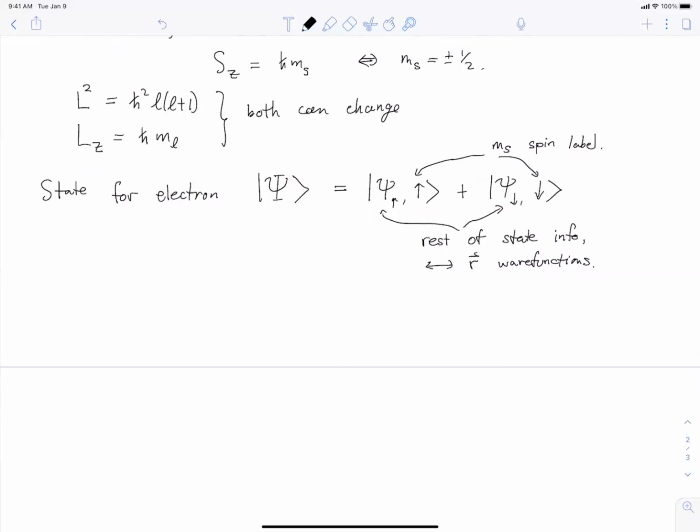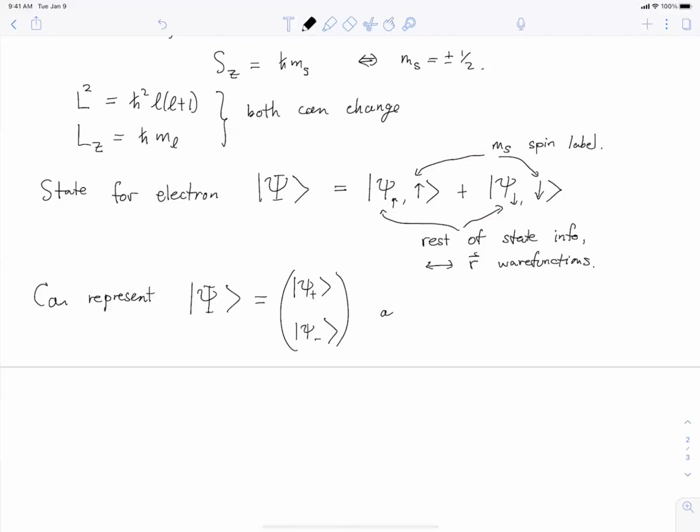So another way to represent this is with a sort of hybrid notation. This is the completely ket notation, but we can write a hybrid notation where we represent these parts of the kets by two-component vectors, and we leave this part of the ket as a ket. So the way that would work is we can also represent the same state information as a two-component vector of other kets.